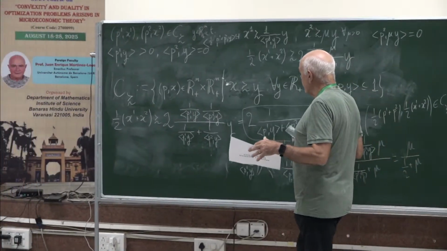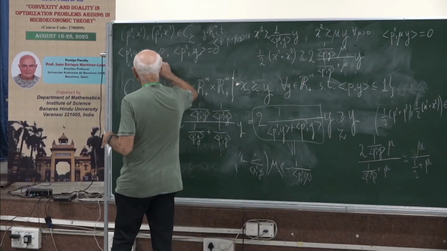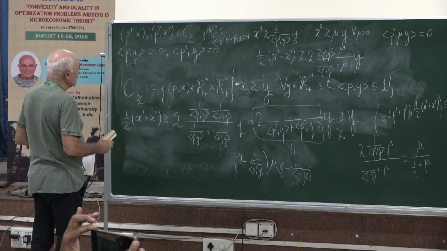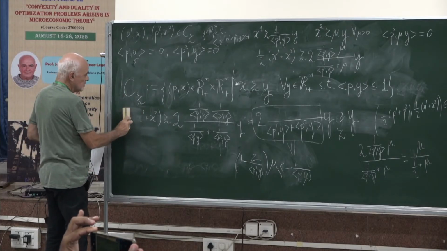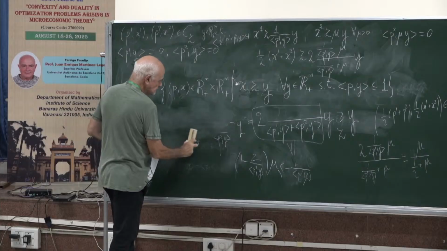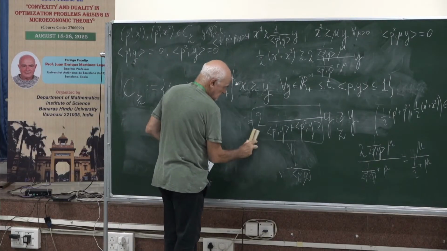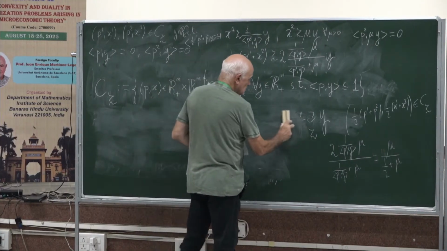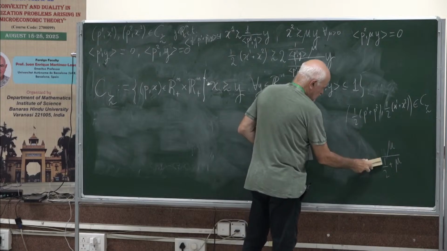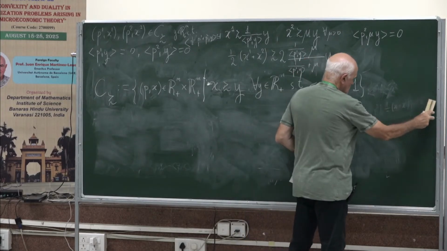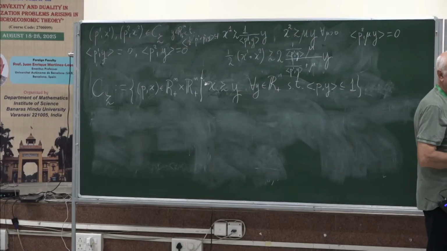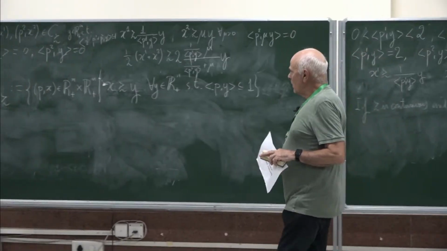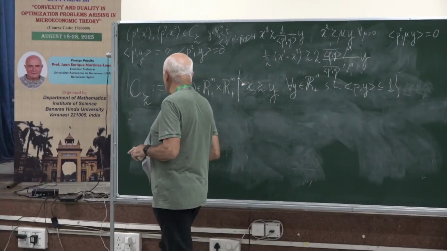Let us see if the third case gives us some troubles or not. The third case is both P1y and P2y are less than or equal to 0.